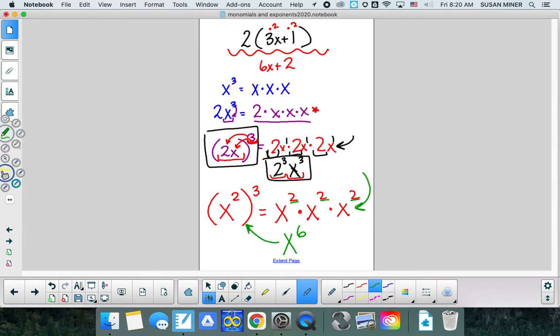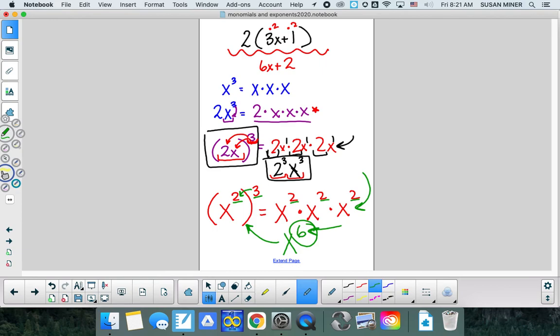What do you notice about what we ended up with and what we started with? Well, if I have an exponent and I'm raising it to an exponent, the rule is I can multiply the exponents together. 2 times 3 would give me the correct exponent that I needed at the end as a result. And so whenever I'm raising a power to another power, these two exponents are getting multiplied together to give me my result.